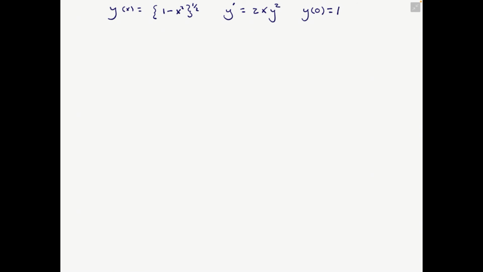We use a v substitution because it's a Bernoulli equation. V equals y to the 1 minus n, which is y to the 1 minus 2. So we have v to the minus 1.